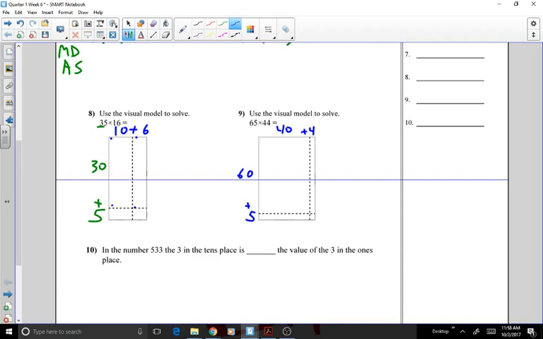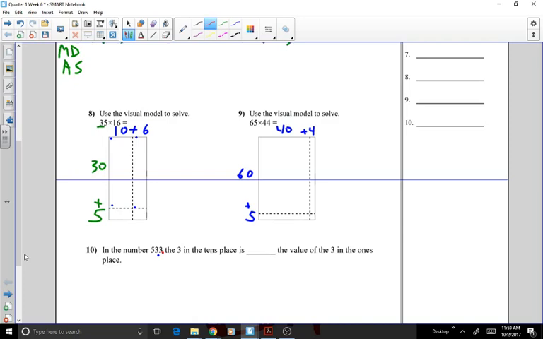And number 10. In the number 533, the 3 in the tens place is how much the value of the 3 in the ones place. First of all, is the tens place going to be larger or smaller than the ones? Larger.